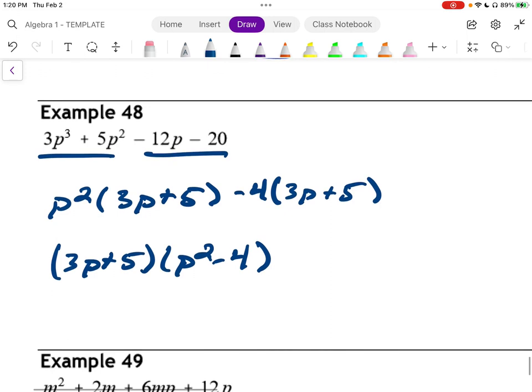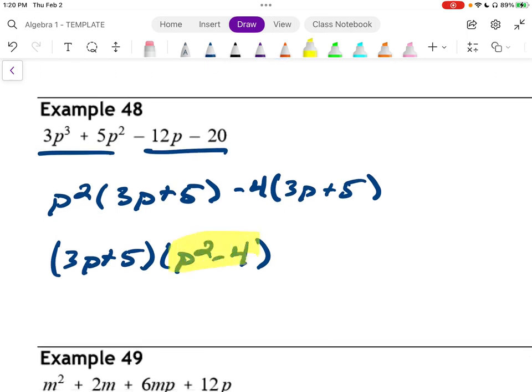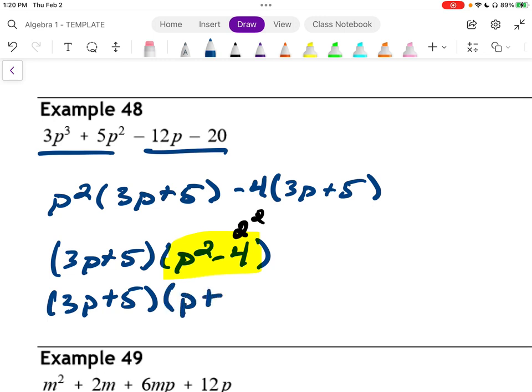Now, I'm tempted to just circle this as my answer, but we're actually not done yet. This guy right here, that is a difference of 2 squares, right? 4 is 2 squared. So this can break apart once more to be 3p plus 5. And then the second piece is p plus 2, p minus 2.